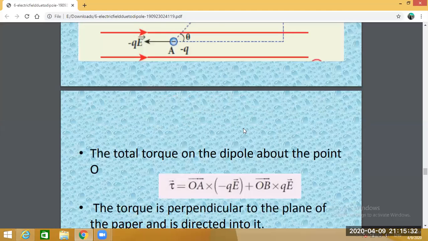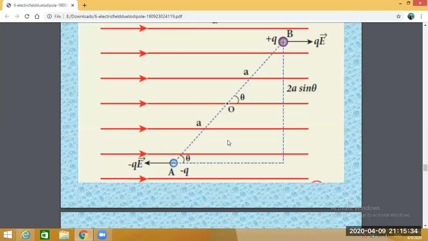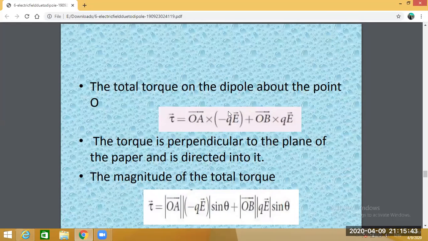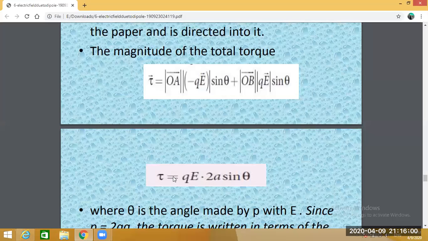In this case, this torque will be directed into the page, or into the plane of the figure. So here we have two vectors, one is this one and another is this one. The magnitude of two vectors can be obtained by applying the formula root under a square plus b square plus 2ab. So look at here. This is the result.